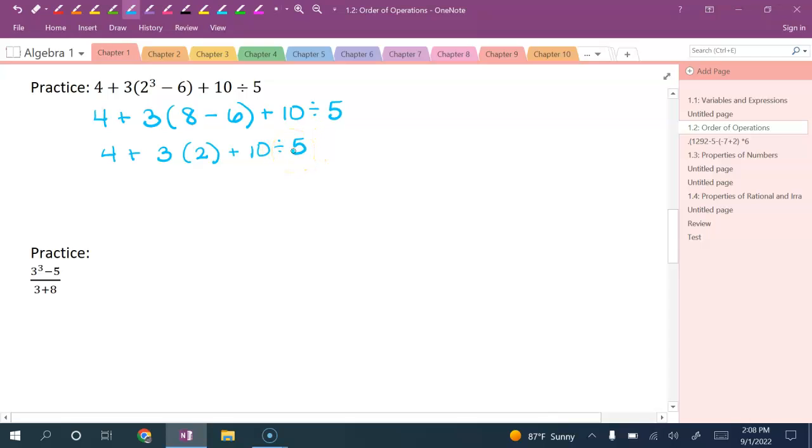Now you'll notice that I still put parentheses around the 2 from doing 8 minus 6, and the reason I did that is just to let myself know that I am going to have to multiply 3 times that 2. I don't want to just drop a 2 because then it might look like I wrote the number 32 down, and that would give me the wrong answer because I'm just making up a new number, and I don't want to do that. Now you're going to need to multiply.